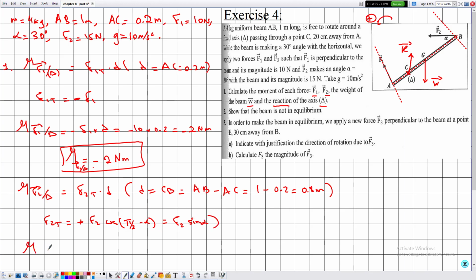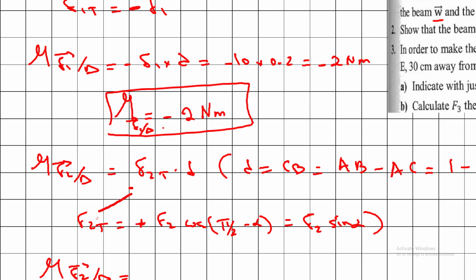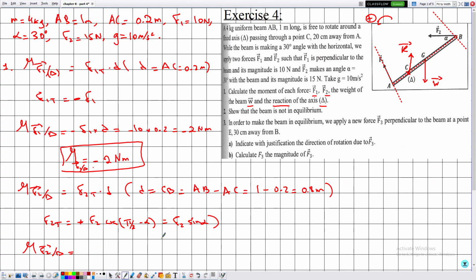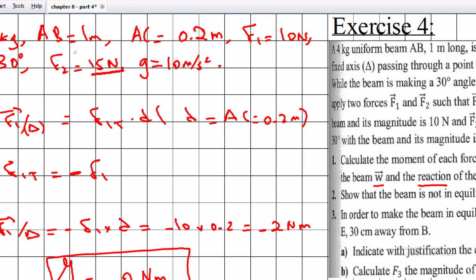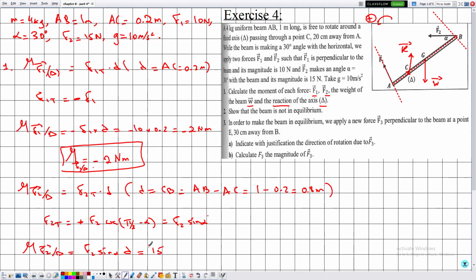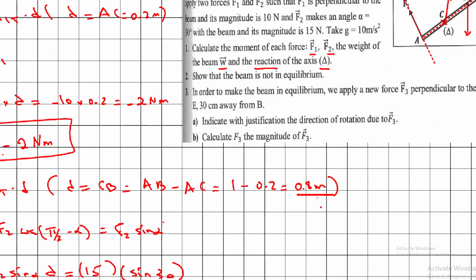And now the moment of the force F2 around the axis delta is equal to, replacing this here, F2 sine alpha multiplied by D, which is equal to F2, given by 15, multiplied by sine of 30, multiplied by the distance D, which is 0.8.